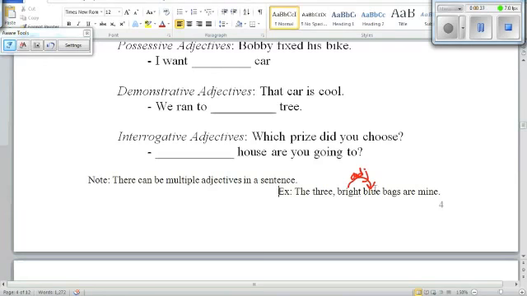Now, what's interesting is, well, yes, I'm going to use a different color so we can see this. Yes, blue modifies bags. It also tells me what kind of bags. And here's what's fascinating. 3 tells me how many bags. So 3 is also going to have an arrow to bags labeled adjective. So as you can see here, adjectives can modify other adjectives. Obviously, adjectives modify nouns, and sometimes you can have 2 or more adjectives modifying a noun.